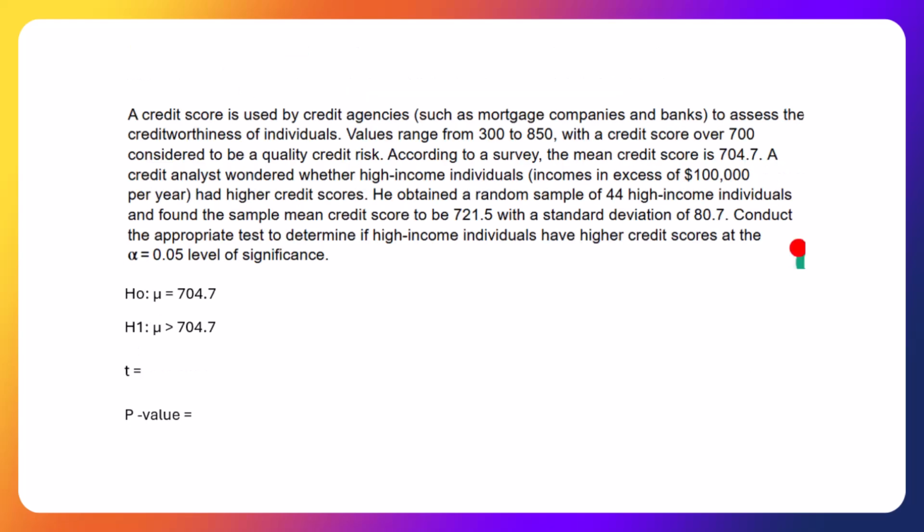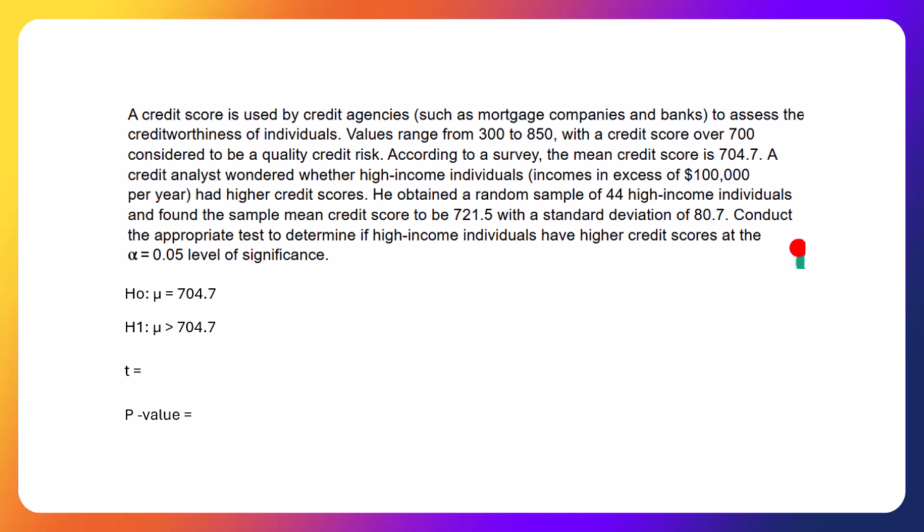Okay, here's another example. A credit score is used by credit agencies such as mortgage companies and banks to assess the creditworthiness of individuals. Values range from 300 to 850, with a credit score over 700 considered to be a quality credit risk. According to a survey, the mean credit score is 704.7. A credit analyst wondered whether high-income individuals, income in excess of $100,000 per year, had higher credit scores.